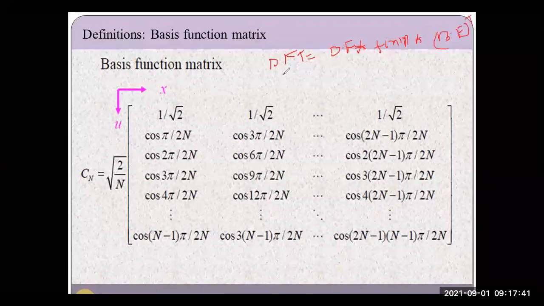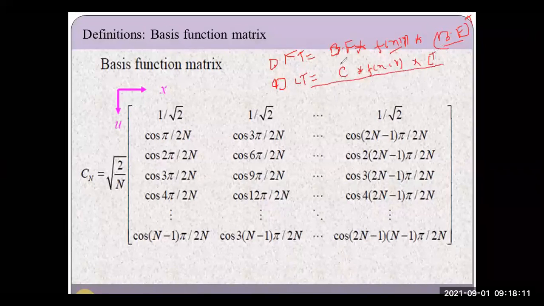I already discussed how we get a DFT: you use the basis function, the original image, and then the transform image. Similarly, to compute the discrete cosine transformation, I take the basic cosine function, multiply by your original image, and then take the transformation of the basic function.